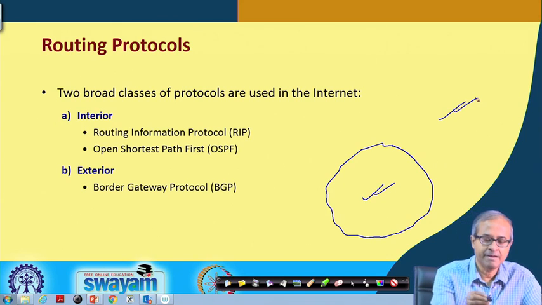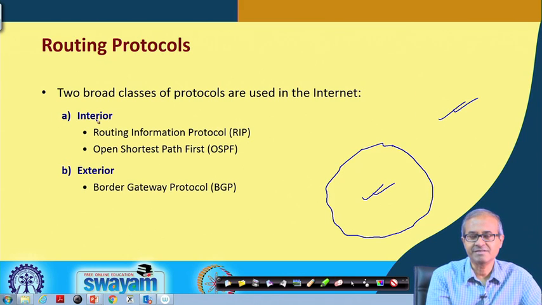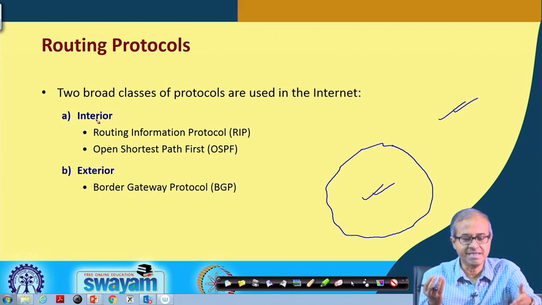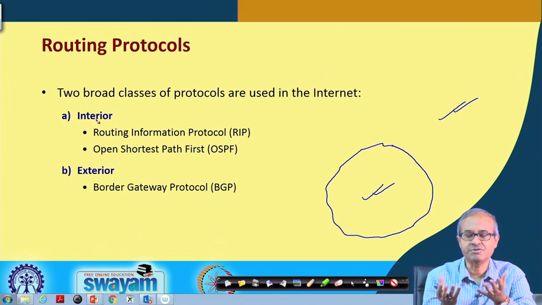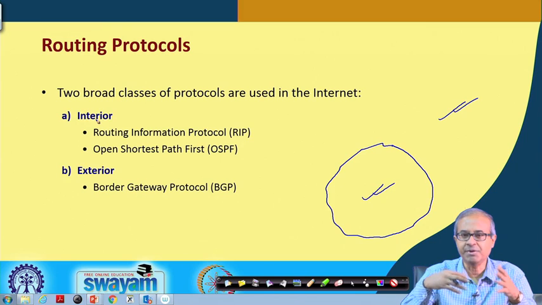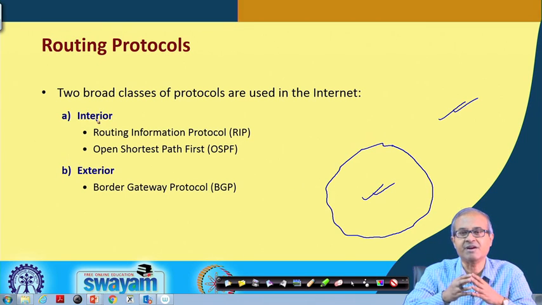Now, interior means, these protocols are used for routers to communicate among themselves. Multiple routers communicate using these protocols for updating their routing tables.